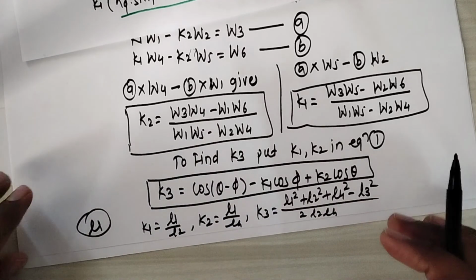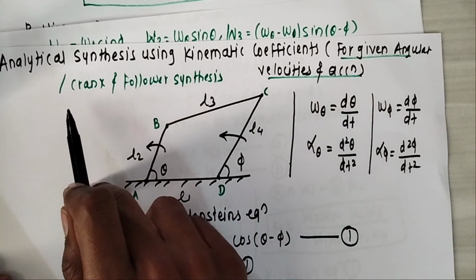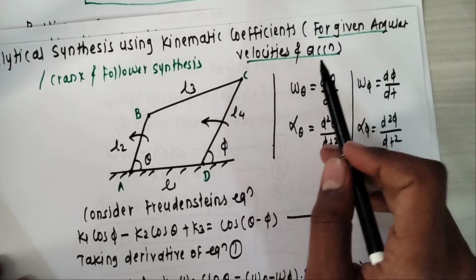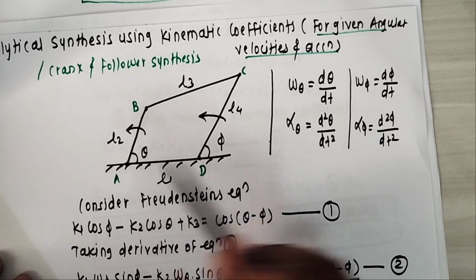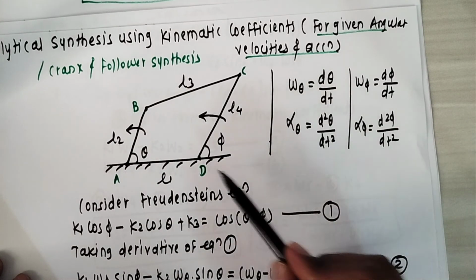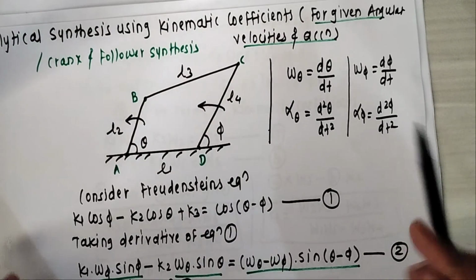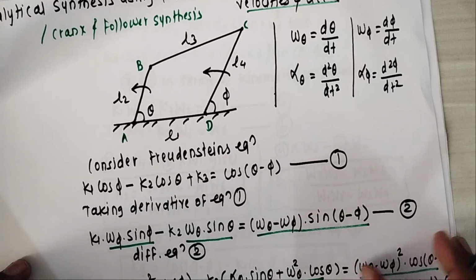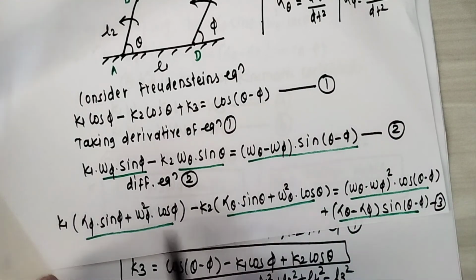I repeat what we did in this case. We have to solve this dimensional synthesis problem by the analytical method whenever the angular velocities and accelerations of the crank and follower are known. Our given data is theta, omega theta, alpha theta, phi, omega phi, alpha phi. First write down the Freudenstein equation, differentiate with respect to time to get equation number 2, and differentiate again to get equation number 3.